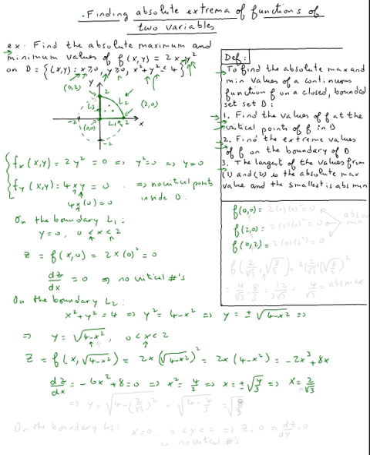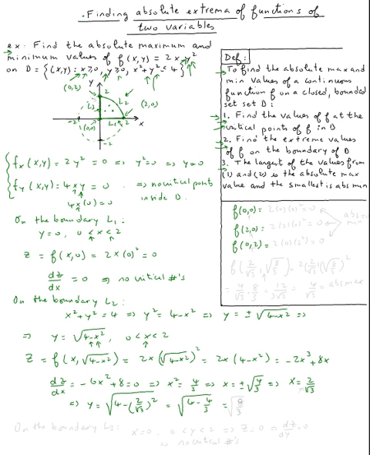Now how do we find the value of y? We need to plug it into here. So therefore, y will be the square root of 4 minus x squared, which is equal to the square root of 4 minus 4 over 3.